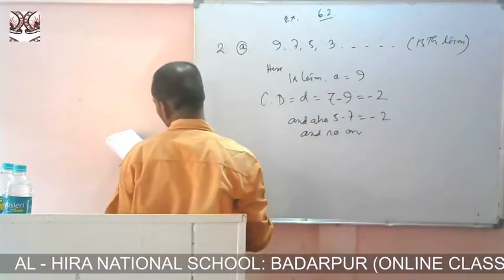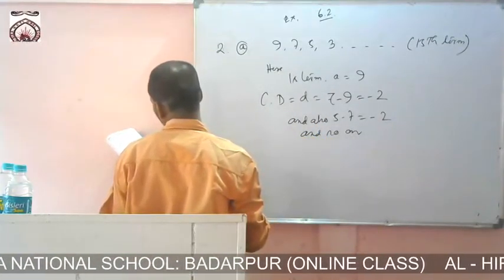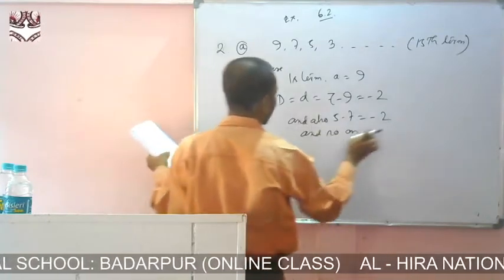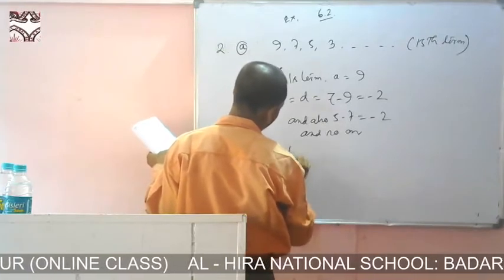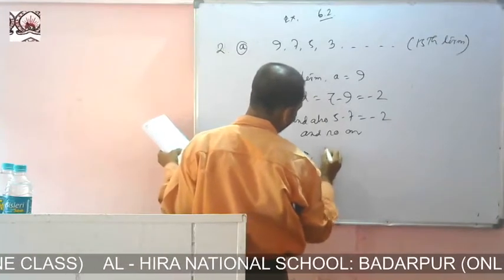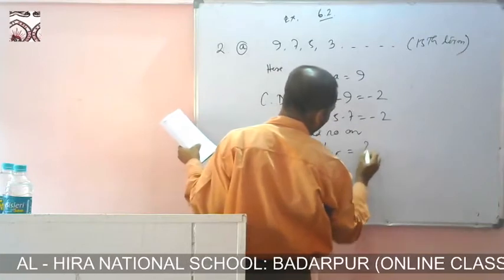So first term A is 9 and D is minus 2, and the 15th term, that is T15, is not given.